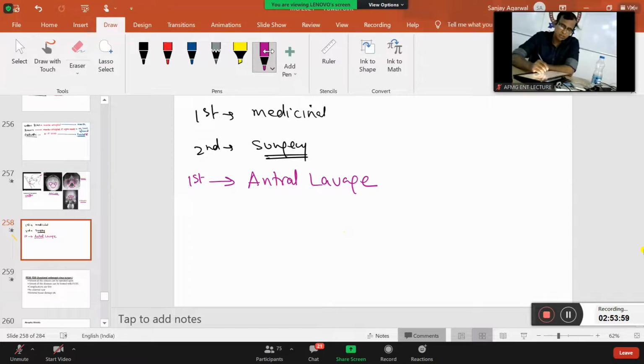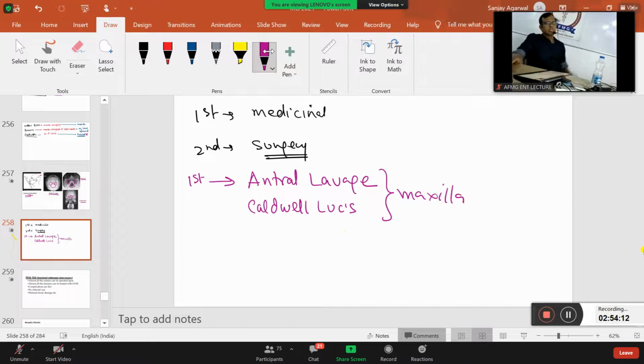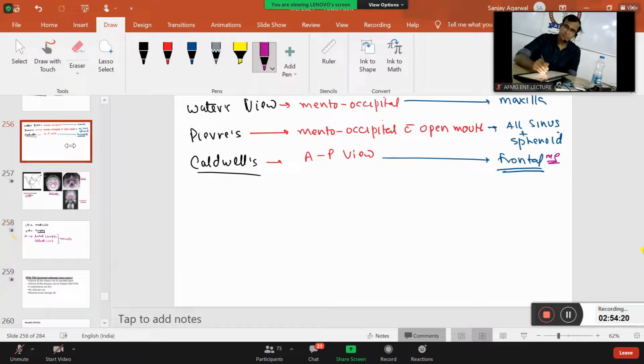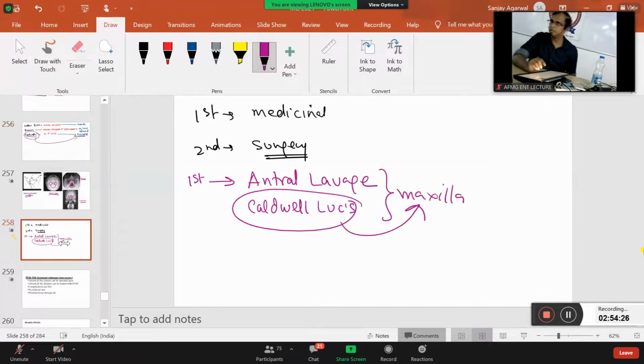The second surgery we started doing is called Caldwell-Luc surgery. ये दोनों मैक्सिला के लिए करते हैं. Both the surgeries are done for maxilla only. और कई बार कंफ्यूजन हो जाता है. Look here, कार्डवेल एक्सरे किसके लिए करते हैं? फ्रंटल के लिए. लेकिन कार्डवेल सर्जरी किसके लिए करते हैं? Don't get confused. Okay, remember this.